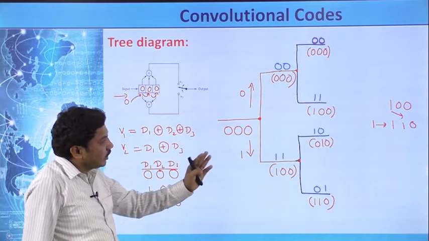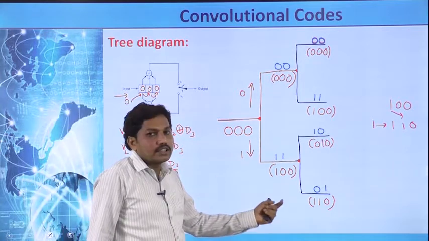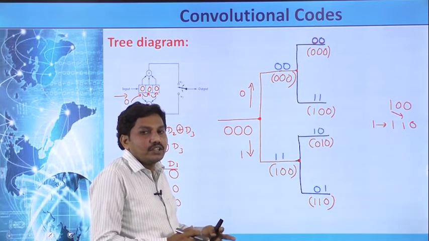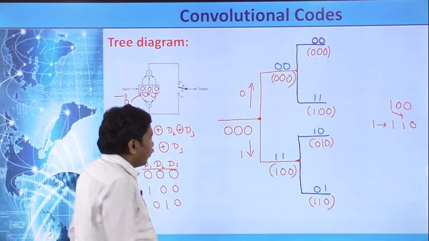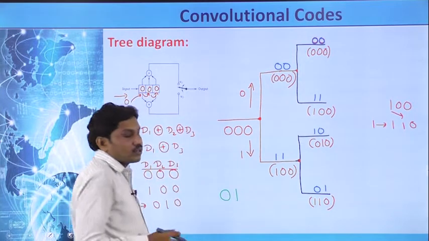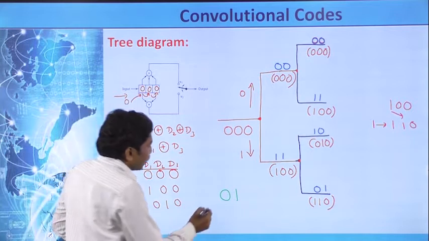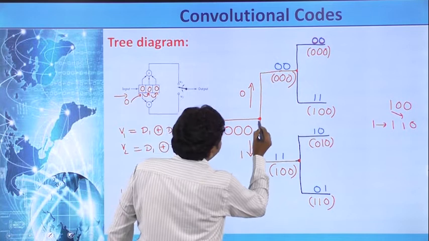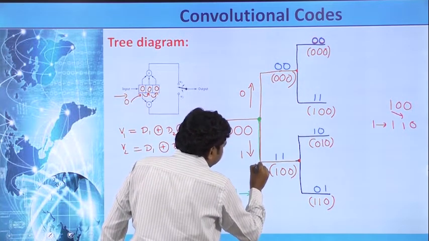Similarly, you can increase the number of stages. So this one is called a tree diagram. A tree diagram is a graphical representation of the convolutional encoder. Consider my input bits are 0 1. How to calculate the encoded output? It is simple. The first input bit is 1, the next one is 0. Here is my node. 1 means you can move in the downward direction.